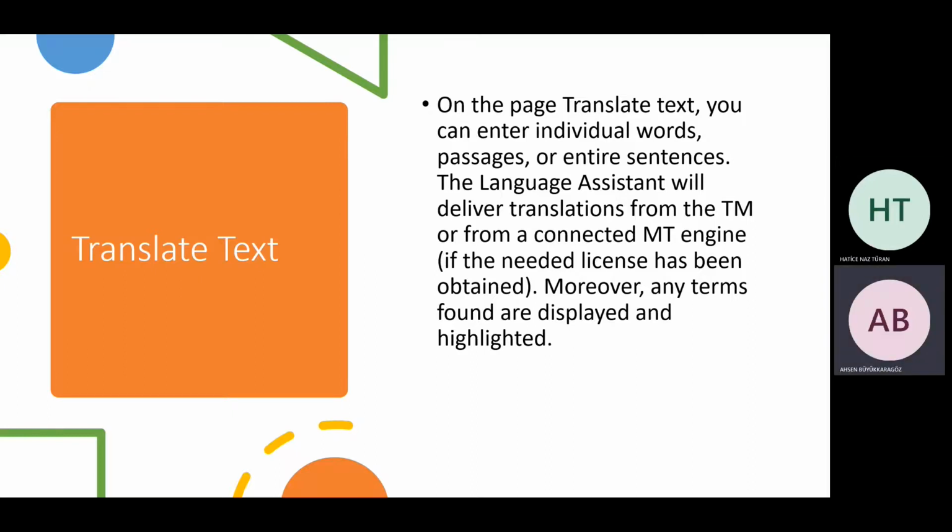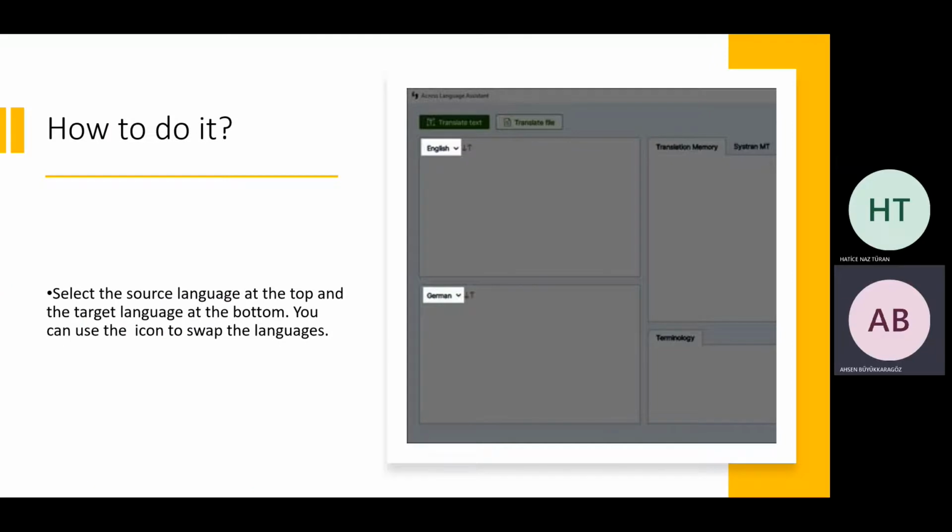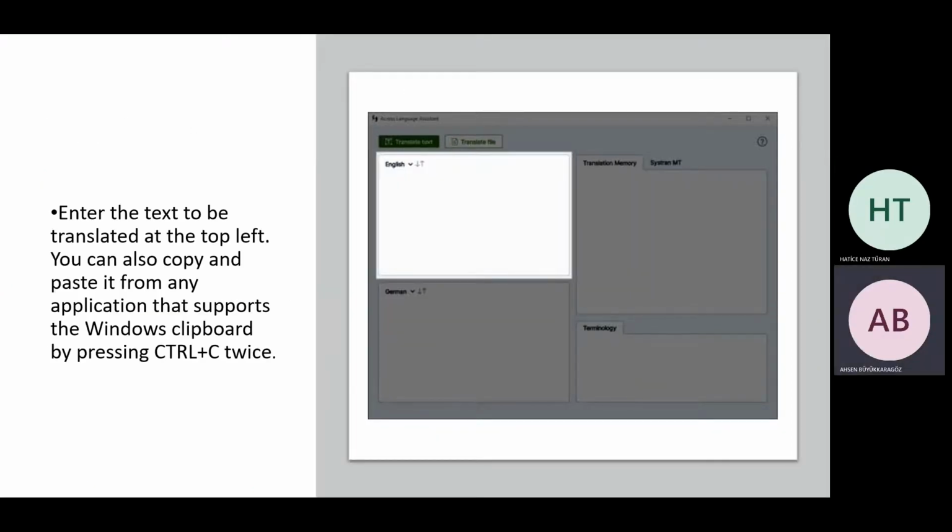So select the source language at the top and the target language at the bottom. You can use the icon to select the languages. Enter the text to be translated at the top left. You can also copy and paste it from any application that supports the Windows clipboard by pressing Ctrl+T twice.